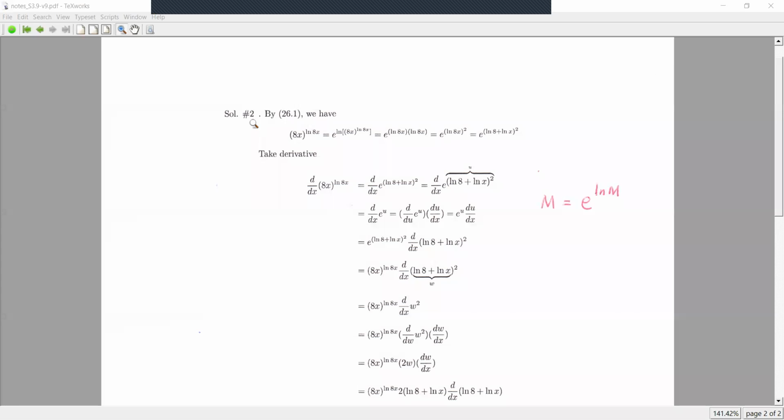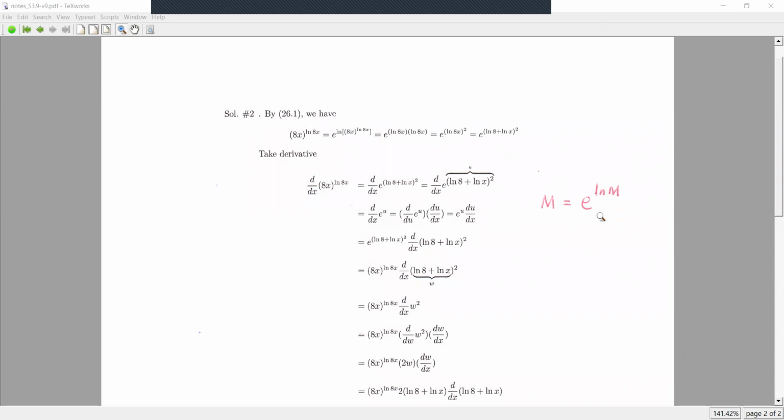Solution 2. In this solution, I want to use this formula to compute the derivative. This formula says that m is equal to e to natural log of m. e and natural log cancel each other.